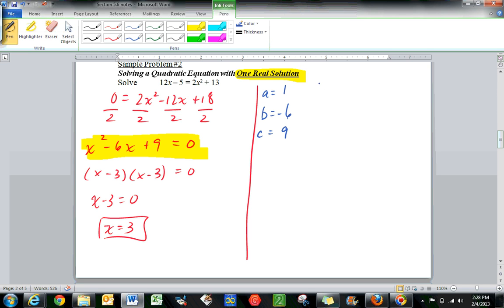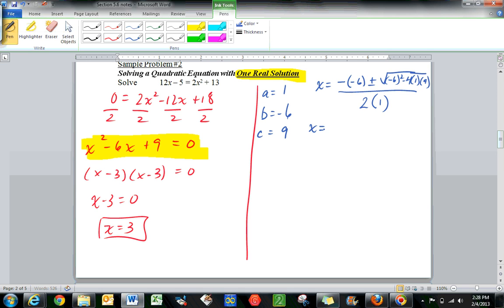And so if I'm going to use the quadratic formula, I'm going to end up with negative b, which in this case was negative 6, plus or minus the square root of negative 6 squared minus 4 times a times c, and we're going to be all over 2 times a.